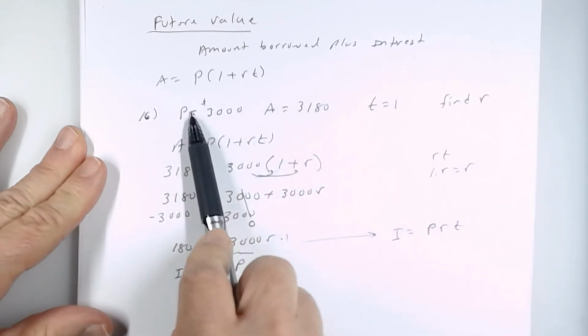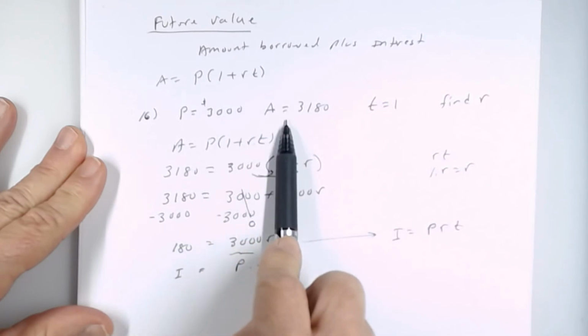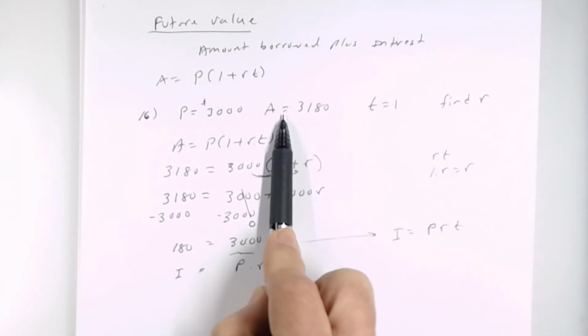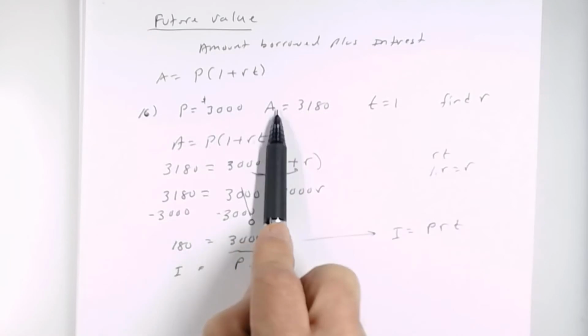Because if you're given the principal and the future value, how can you find the interest that you ended up paying? You subtract these.